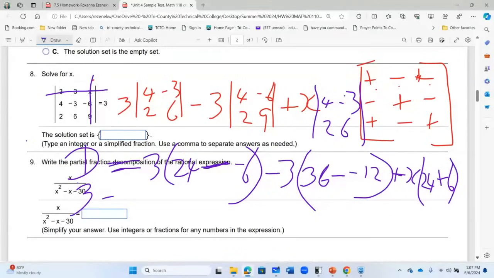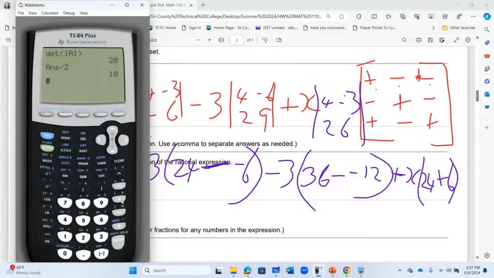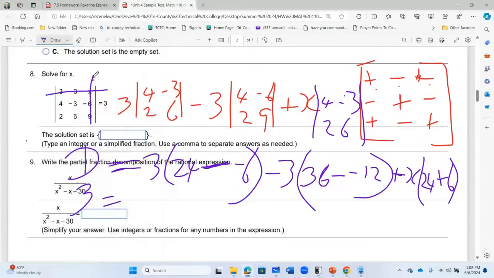So I'm going to tidy up and solve for x. 24 minus 6 is 18. 3 times 18, I'll simplify. I have 3 multiply 18, and I'll get 54. So I have 54 here.